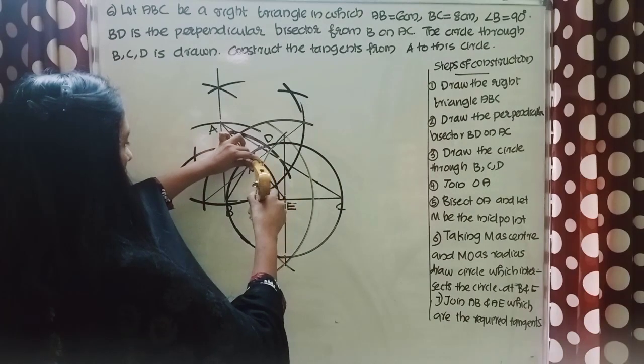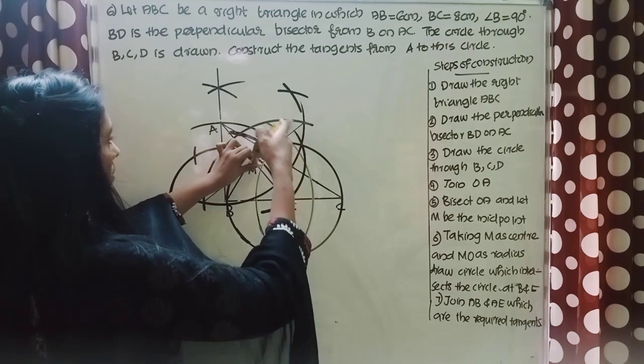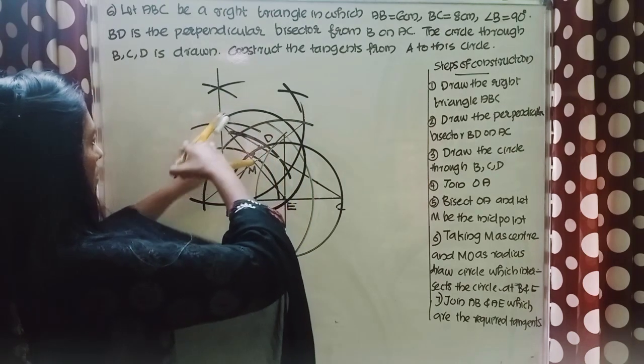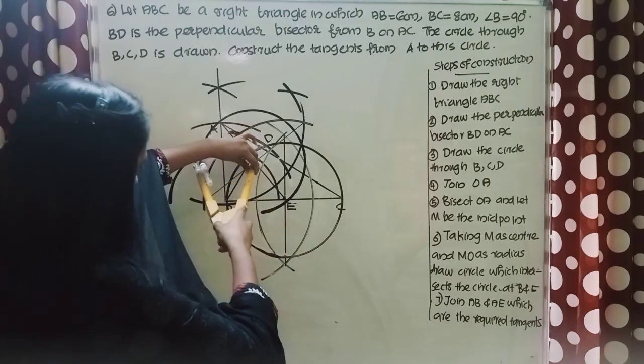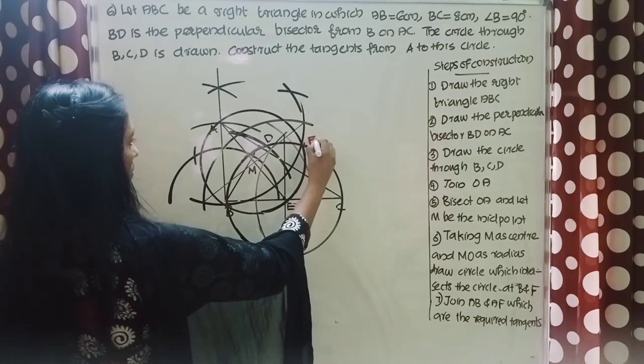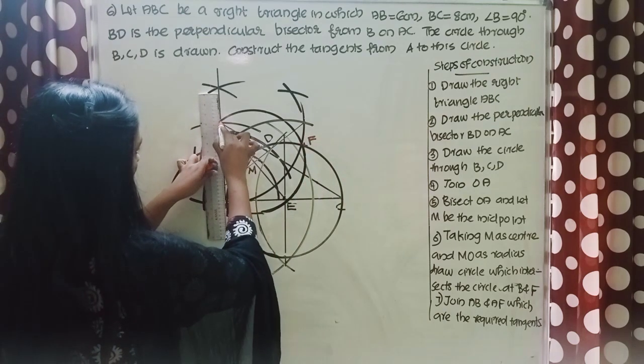Now taking M as center and MA as radius, draw a circle which intersects the circle at the points B and F. Now join AB and AF, which are the required tangents.